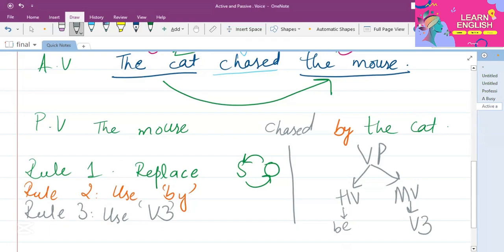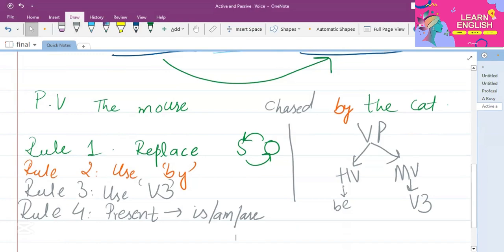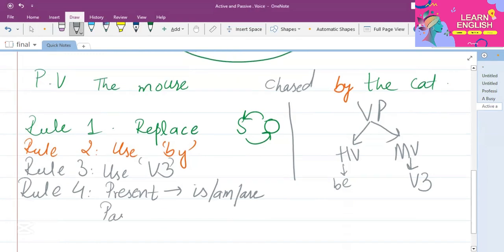And there is this helping verb over here, which will be according to the tense. So let's just discuss indefinite tenses right now. For present indefinite tense, you will use is, am, are. For past indefinite tense, you will use was or were.